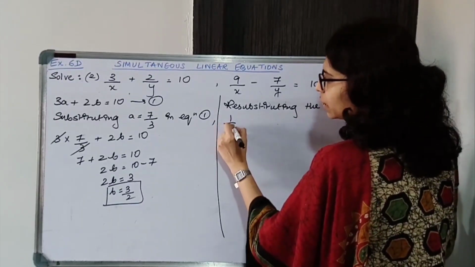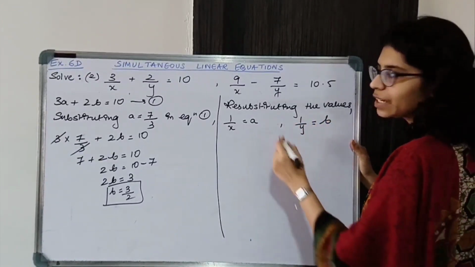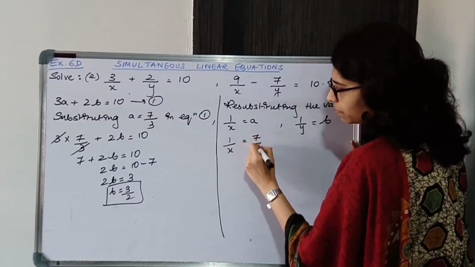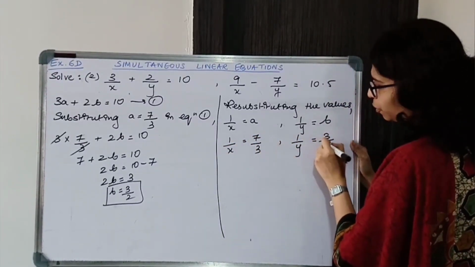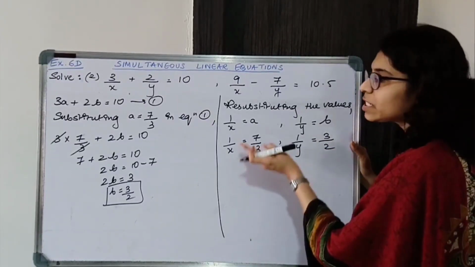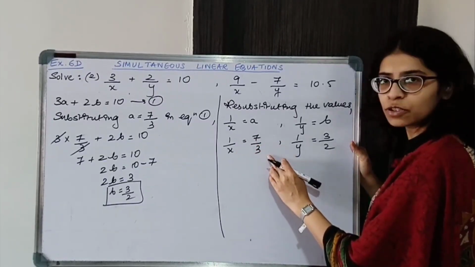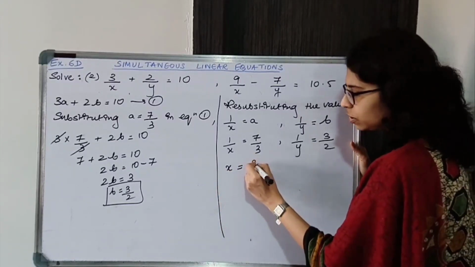we know 1 upon x is equal to a and 1 upon y is equal to b. a is 7 upon 3. Okay, and b is 3 upon 2. So now we'll just take the reciprocal. Okay, 1 upon x is equal to 7 upon 3. So x upon 1, that is x, is equal to 3 upon 7.